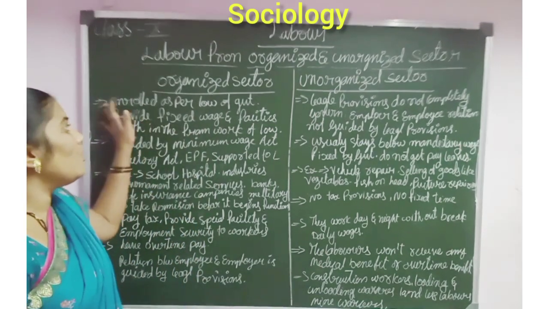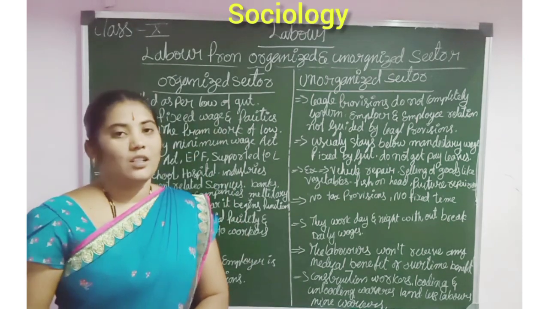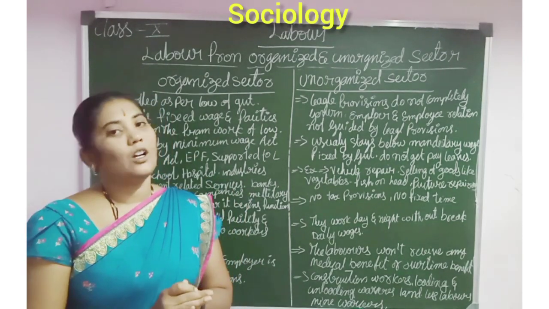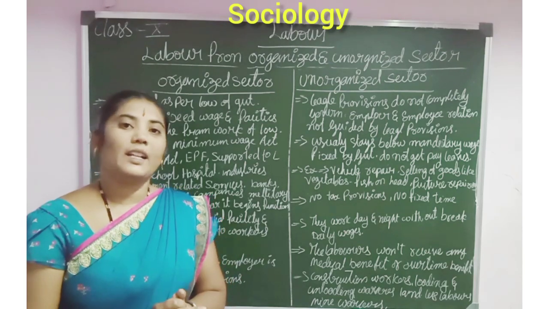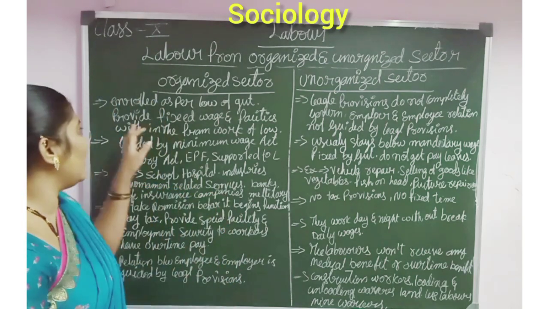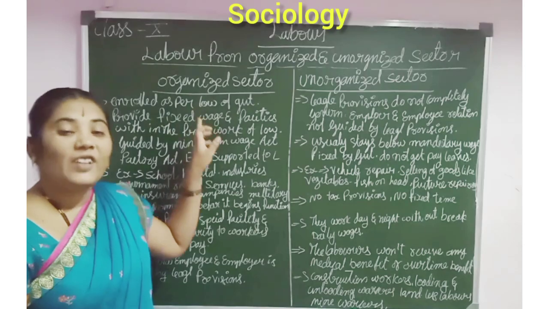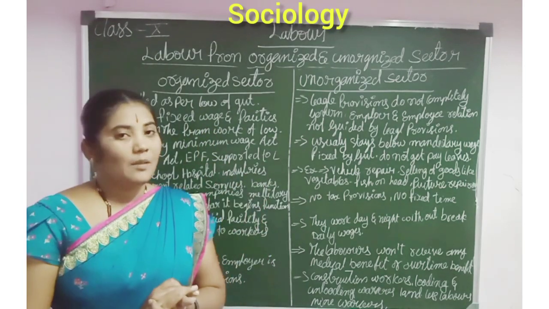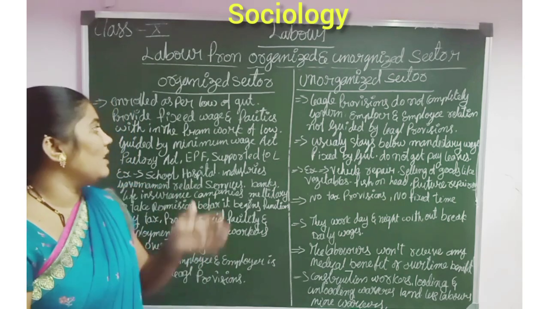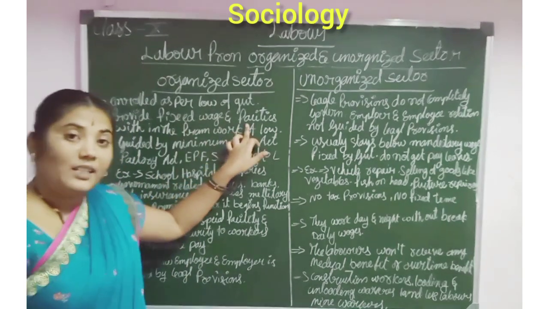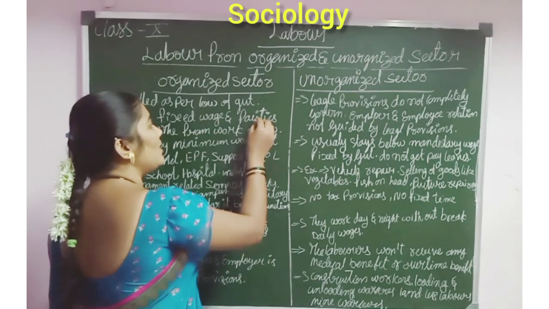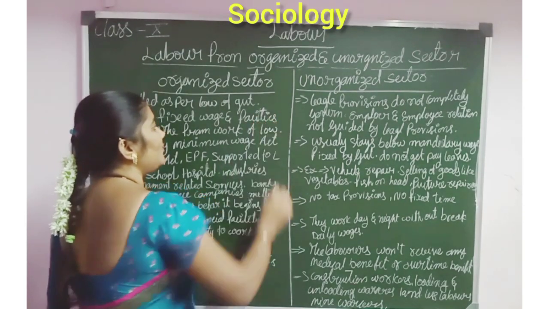What is enrolled as per government laws? These organized workers are enrolled by the government laws. In a sense, they are bound by government laws and regulations. Then they are provided fixed wages, and the government will provide some facilities.